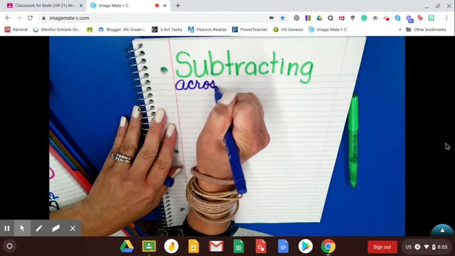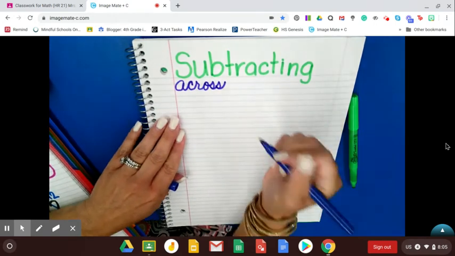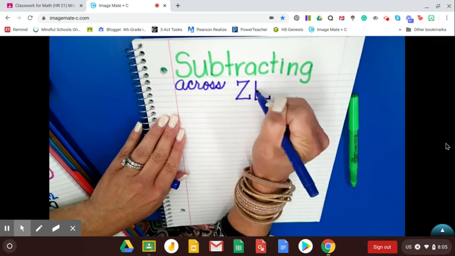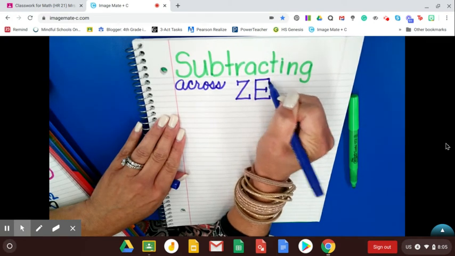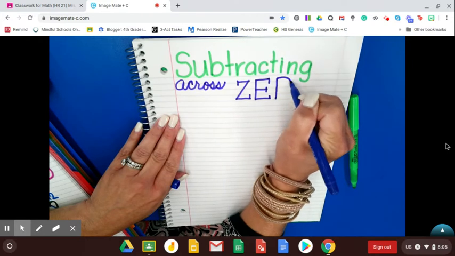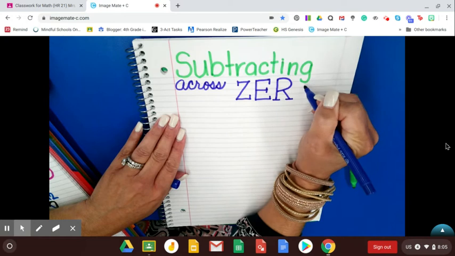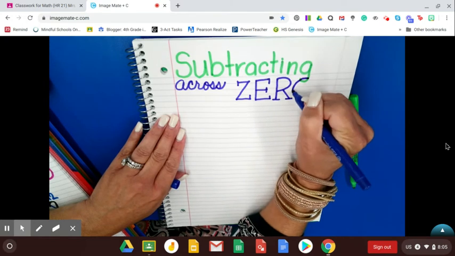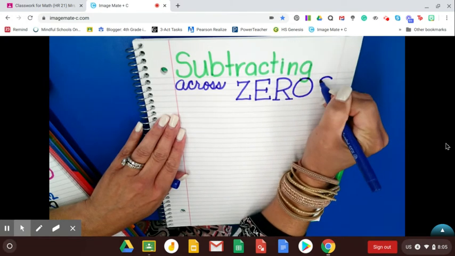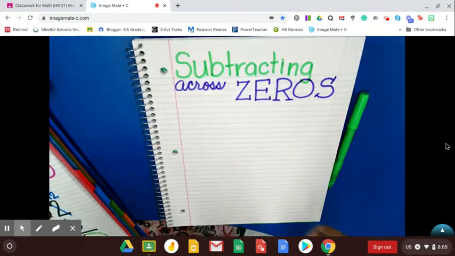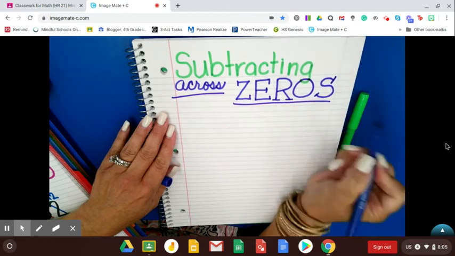If you don't want to write in cursive, you certainly don't have to.